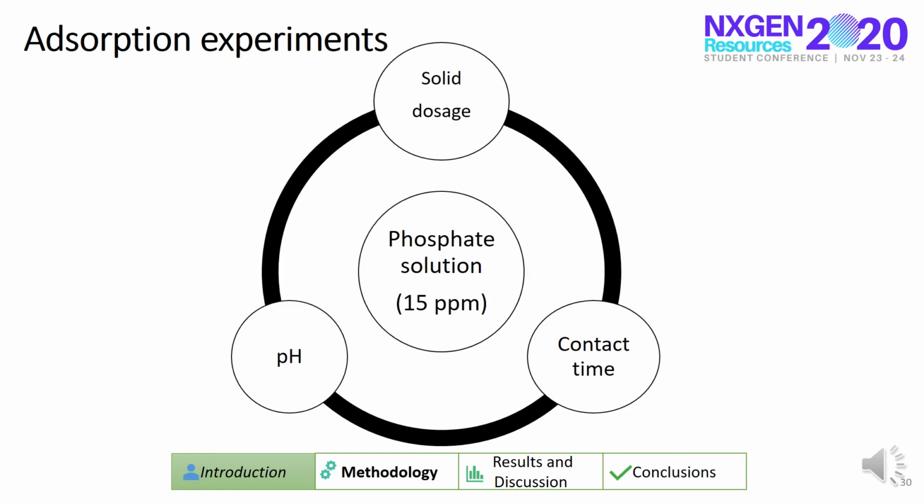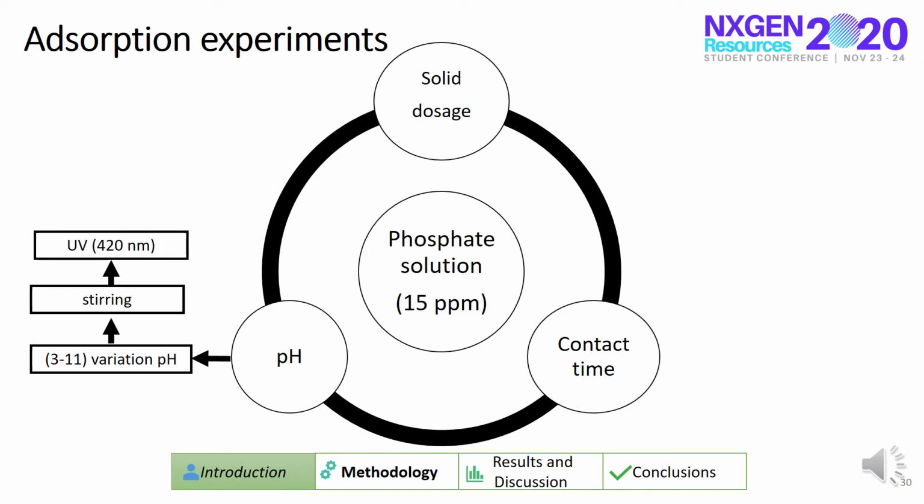The effects of pH, solid dosage, and contact time were studied to evaluate phosphate adsorption capacity on each modified solid from dolomite. The pH effect was evaluated at different pH values under stirring, and the final concentration of phosphate in the solution was analyzed using a spectrophotometer at 420 nanometers.